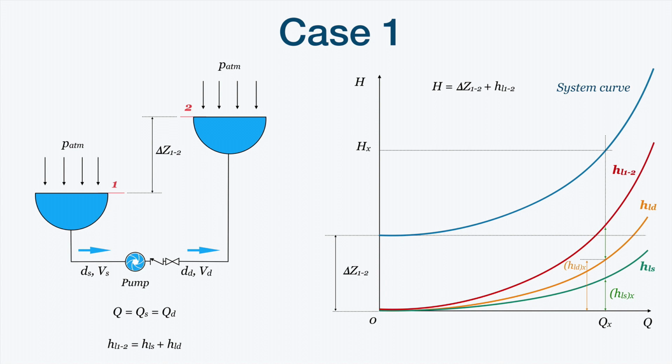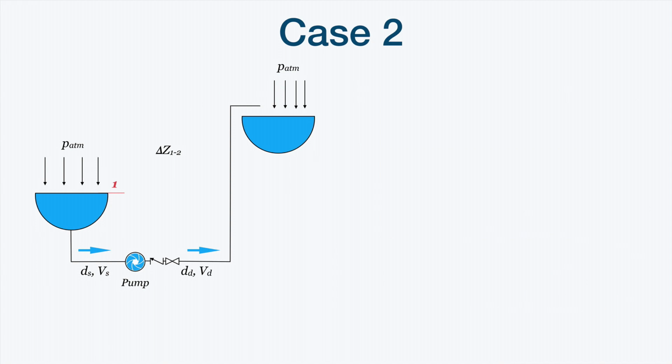Let's analyze another case. What is different here from the previous case? The discharge pipe is located above the liquid level. It is not submerged, but it discharges freely into the atmosphere.